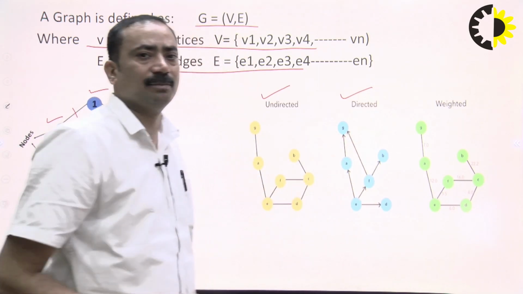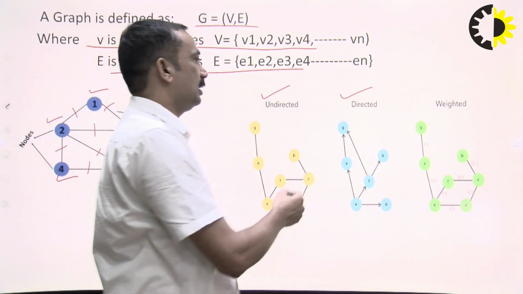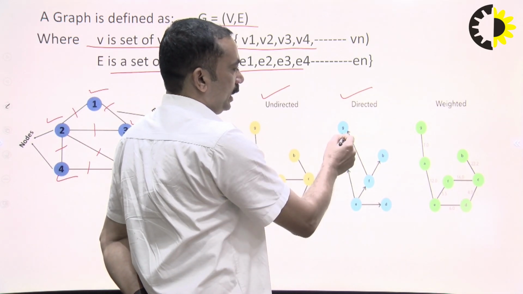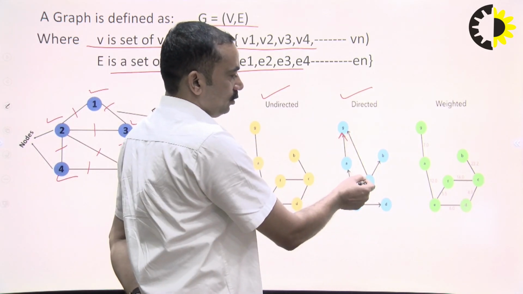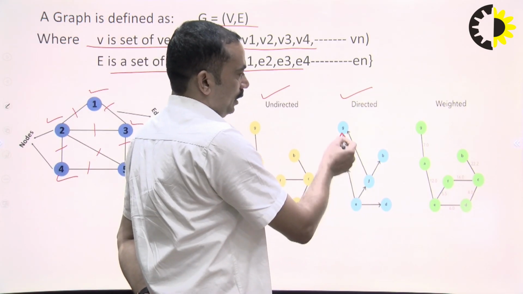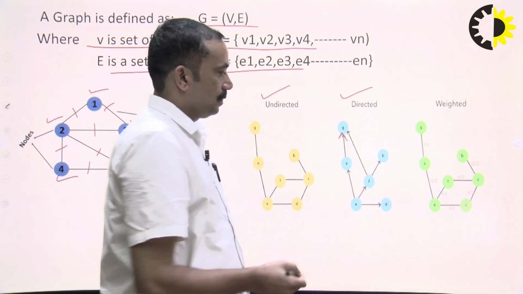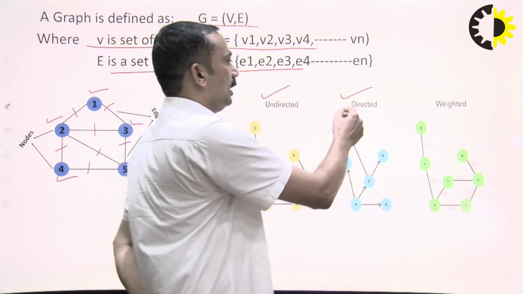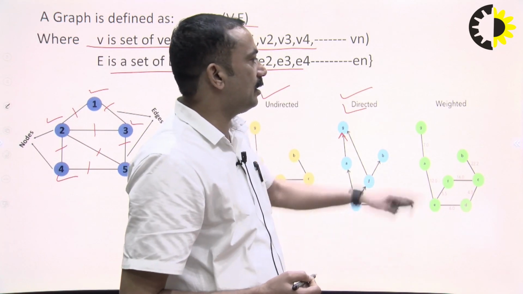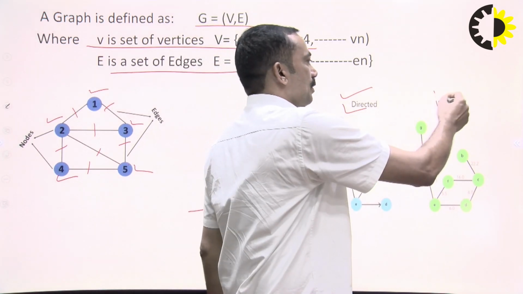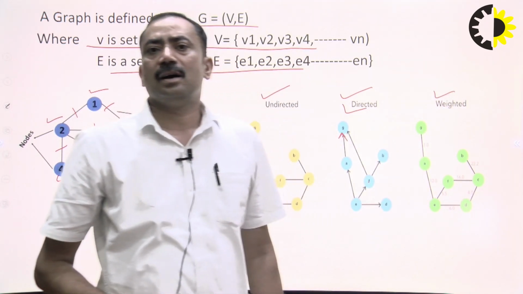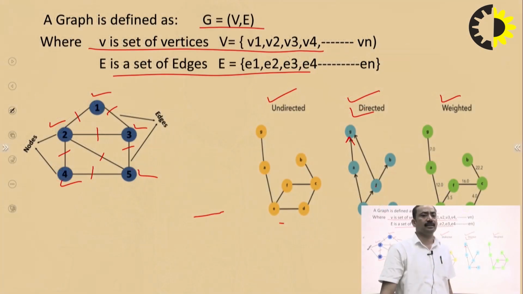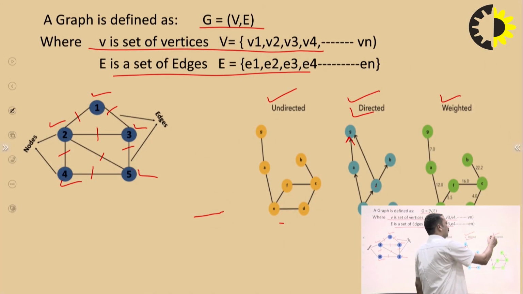It is an example of a directed graph. Here there is a direction of flow from F to G, F to B, and from E to D. So, it is called a directed graph. Then we have a weighted graph also. A weighted graph consists of weights on edges.